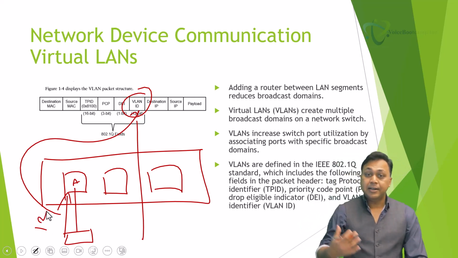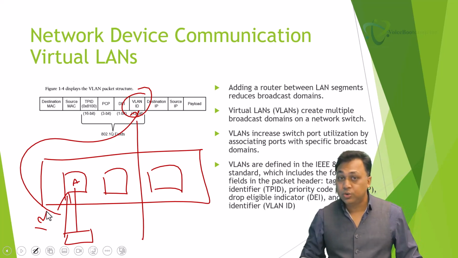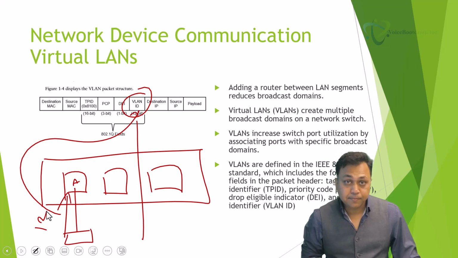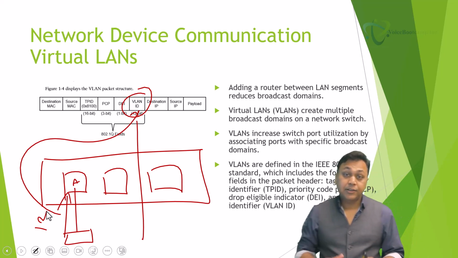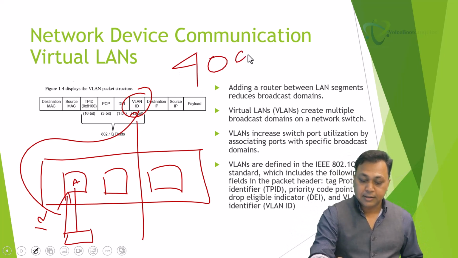That means I am using VLAN number 12. Now, it could be 1, 2, 3, or 100, depending on your VLAN ID. The VLAN identifier has 12 bits, which provides 4094 unique VLANs.